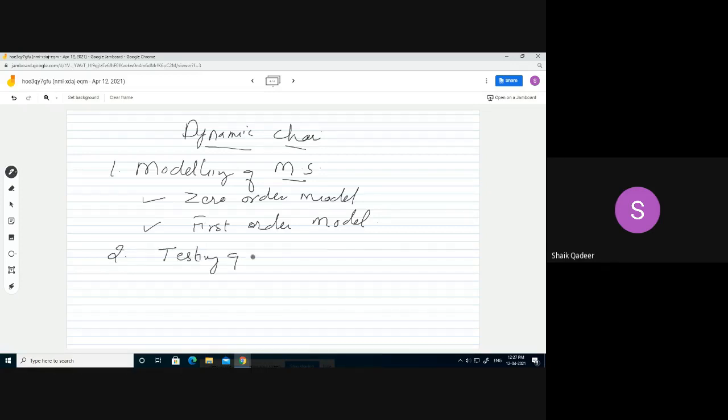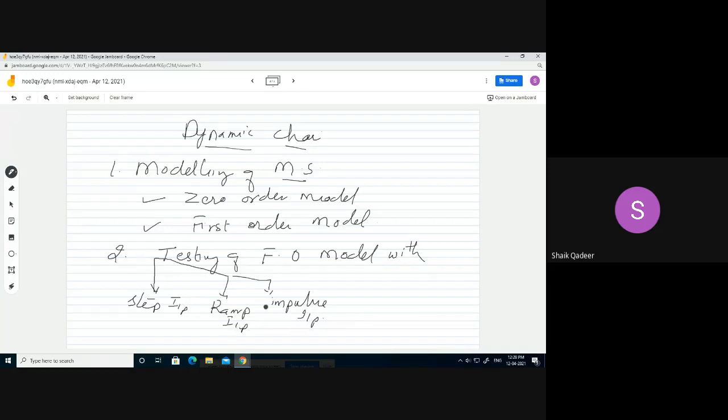After seeing the modeling of measurement system, it is asked to see the testing of the first order model with three different types of excitations. First one, step input. Second one, ramp input. Third one, impulse input.